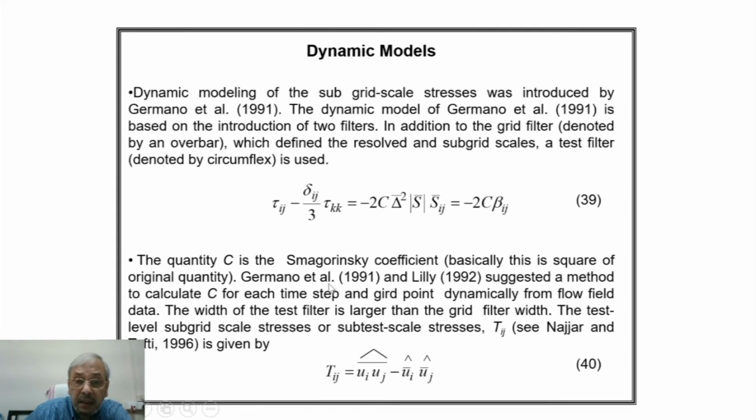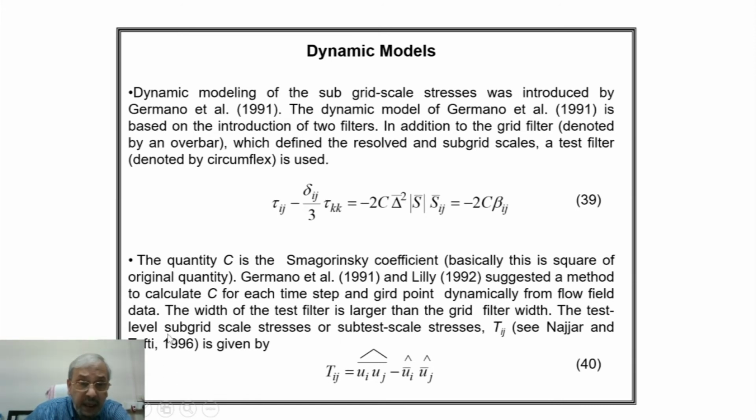Germano et al. in 1991 and Lilly suggested a method to calculate C for each time step and grid point dynamically from the flow field data. The width of the test filter is larger than the grid filter. We are using a test filter, and the size of this test filter is larger than the grid filter.